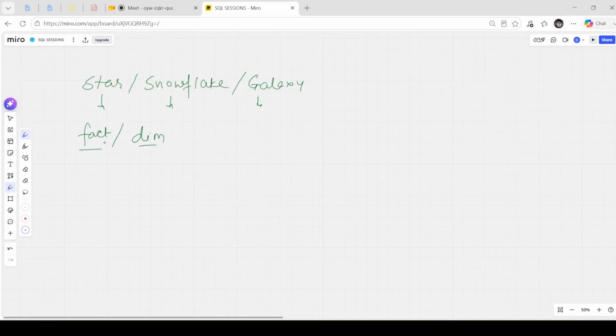So if you do not know fact and dimension, we cannot go ahead with schemas also, right? So this is important in order to understand. Everything is going to be the same. Star will also have fact and dimension, here also, but how they are being connected together will be different, right? It's a simple difference, but we should be aware of fact and dimension before jumping into the schemas, right?